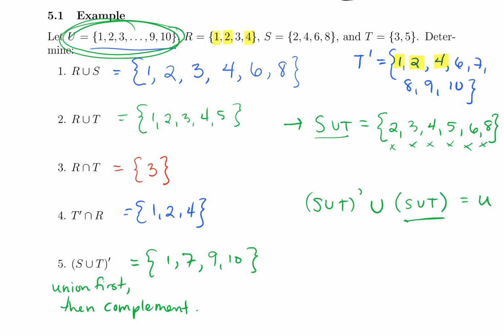We have 1, 2, 3, 4, 5, 6, 7, 8, 9, and 10. If we union these two sets together, we get exactly the original universal set. So that's another way that you can check your work.